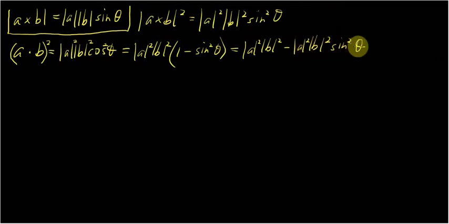And this is what we wanted. We now have the same term here as in what we're trying to prove. And we know that this is equal to all of this. So now I'm just going to rewrite down here with the sine term isolated.